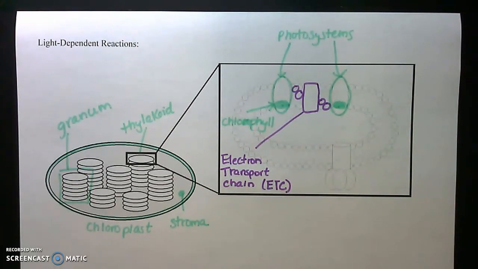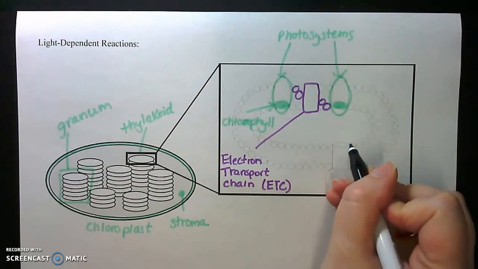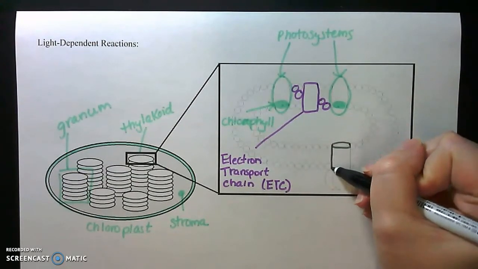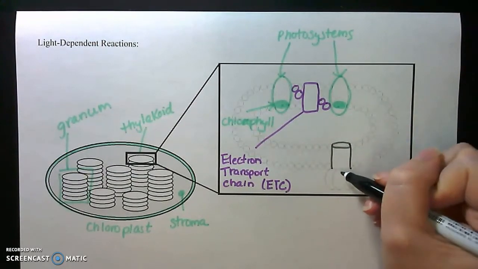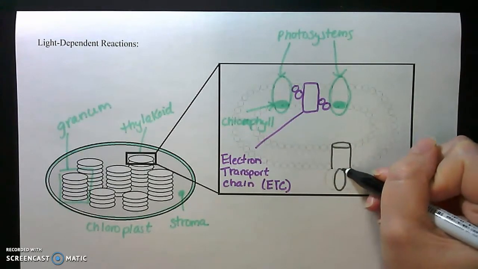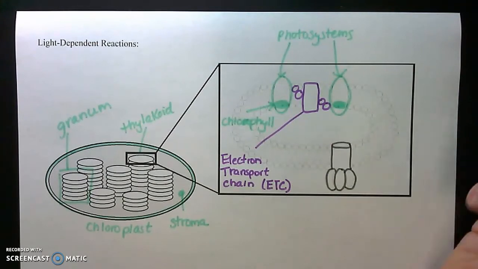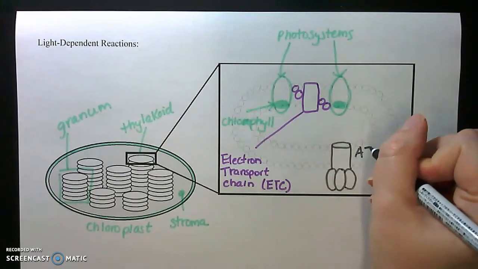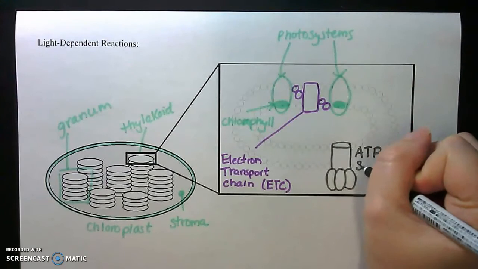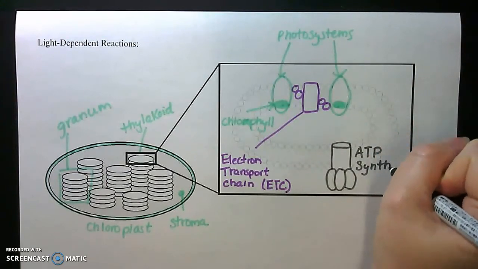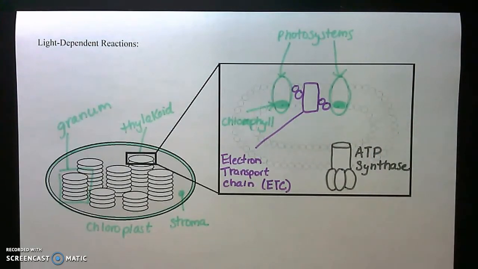And then we also have here at the bottom of the thylakoid a familiar structure. This is a structure that we previously learned about in cellular energetics. And this structure is called ATP synthase, which the name tells you is going to be an enzyme that synthesizes ATP.